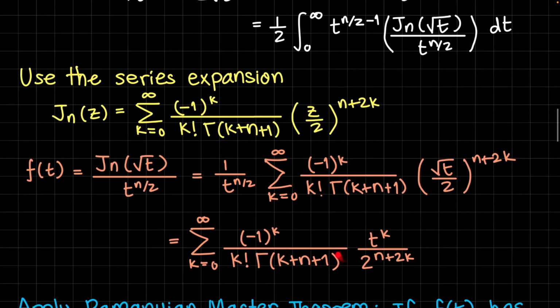We can simplify things using this factor outside the sum, because square root t becomes t to the 1/2 power. So you have n over 2 plus 2k over 2, which is k. So you have n over 2 plus k. The n over 2 will cancel with that n over 2. So we're just left with k.